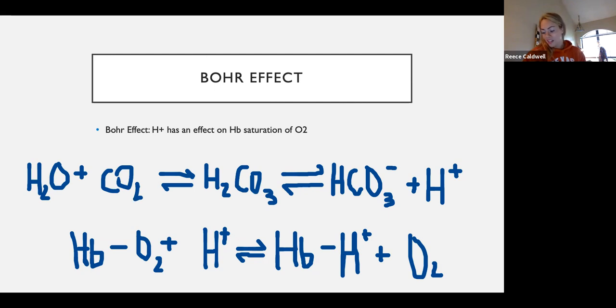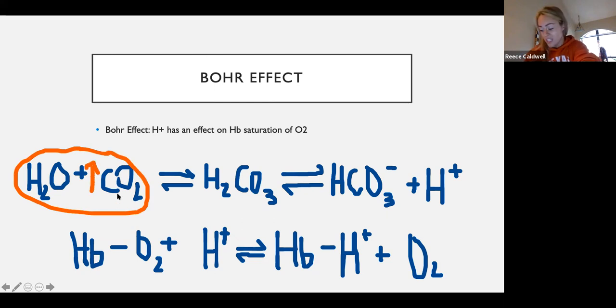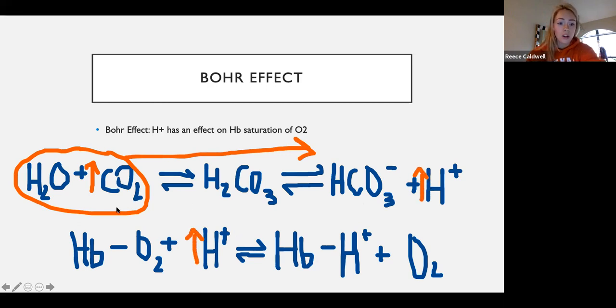So if you look at this equation, what we see is that when we increase the amount of carbon dioxide in the tissues, we're going to increase the amount of hydrogen being released. So more carbon dioxide, which would be caused by not getting enough oxygen, aka carbon monoxide poisoning. We're not delivering enough oxygen. We're going to accumulate hydrogen ions.